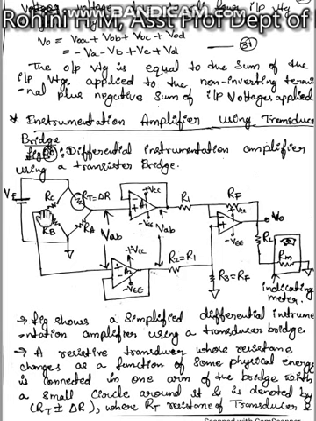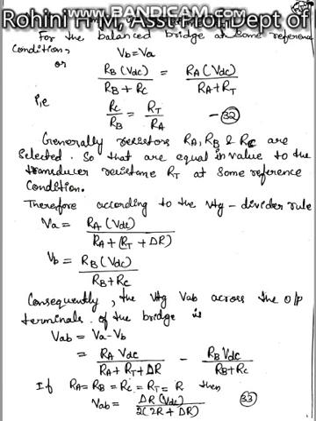Then we will write what is VB: RB divided by RB plus RC into VDC, whereas VA is RA divided by RA plus RT into VDC.